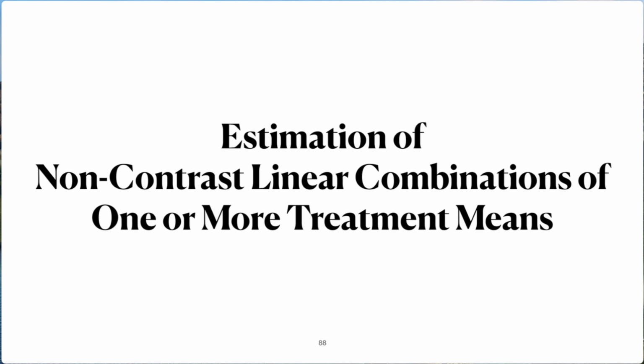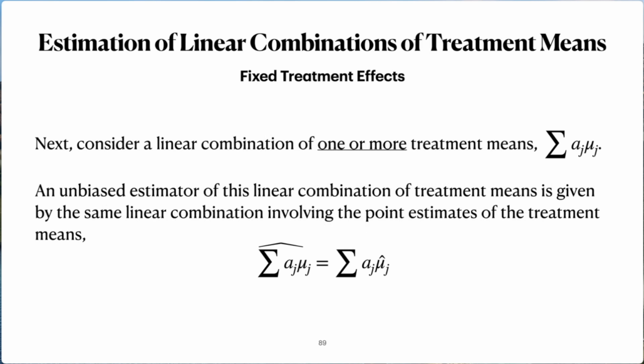All right, continuing on. Next, we look at estimation of non-contrast linear combinations of one or more treatment means. Consider a linear combination of one or more treatment means, again given by this notation, the sum of a sub j times mu sub j.